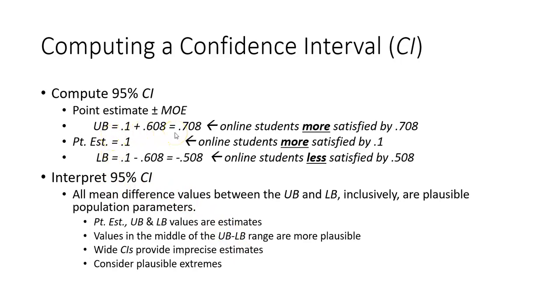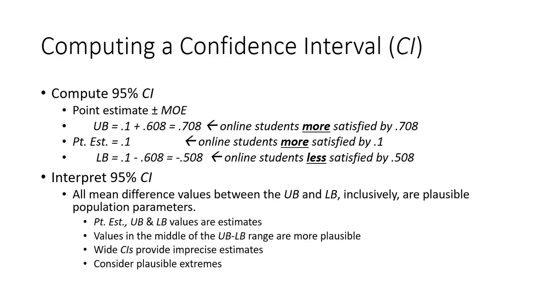This is the highest plausible value for the mean difference between the two populations. And in that case, it would mean that online students are more satisfied by about 0.7.